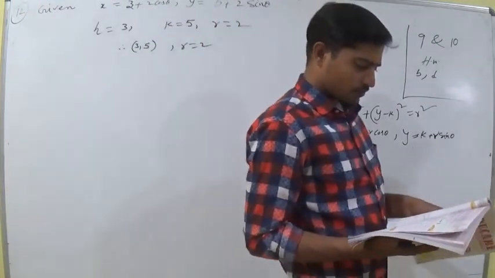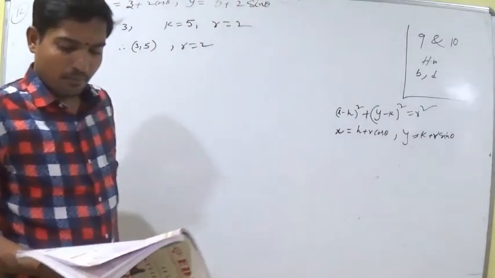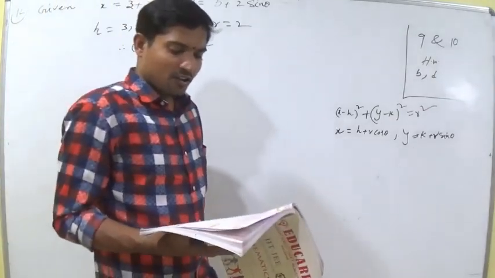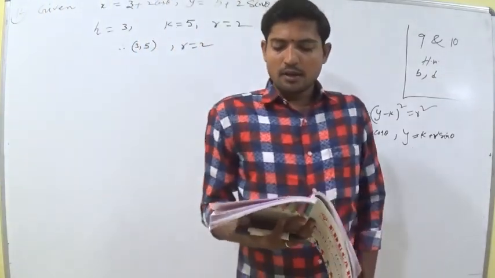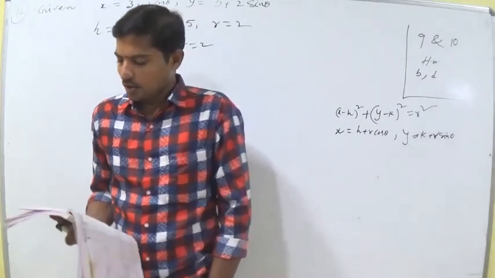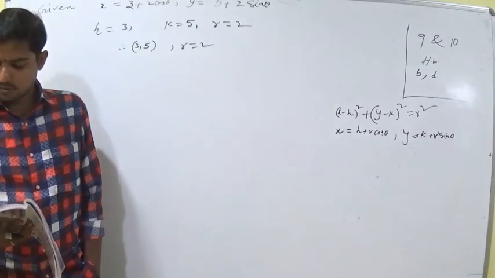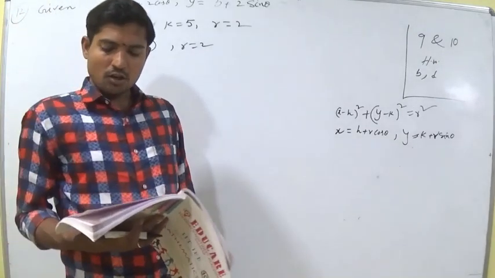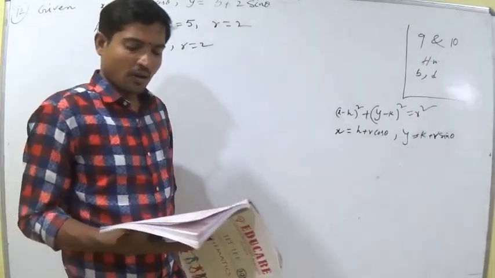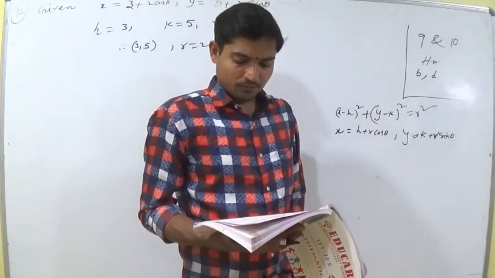Next one. The length of the tangent from 0 comma 5 to the circles x square plus y square plus 2x minus 4 equal to 0 and x square plus y square minus y plus 1 equal to 0.